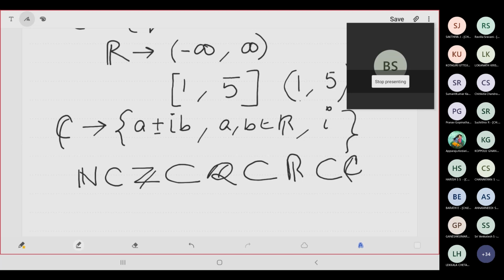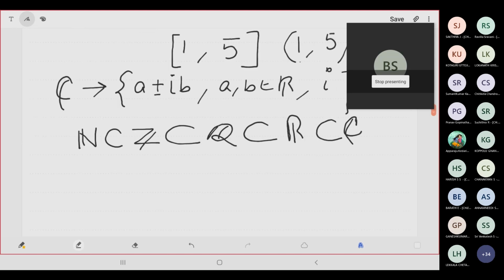So you have an idea about sets and subsets. Our basic motive of this introduction is that you can understand the notations, because in 10+2 you have already done this.